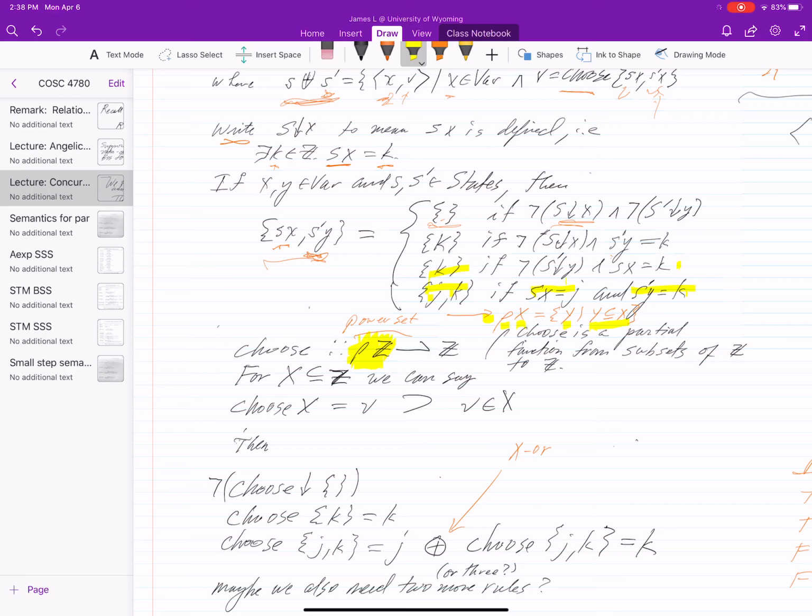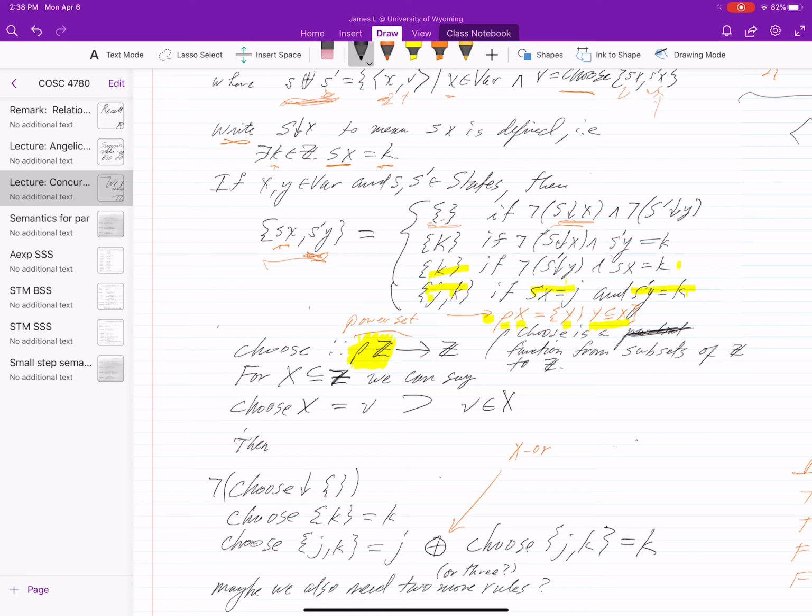So choose, you can think of it as a function from rho of Z, and really you could think of this as a total function. Choice is a partial function, but I'm just going to say now it could be total from subsets of Z to Z, because we can leave out all the things that are not defined.